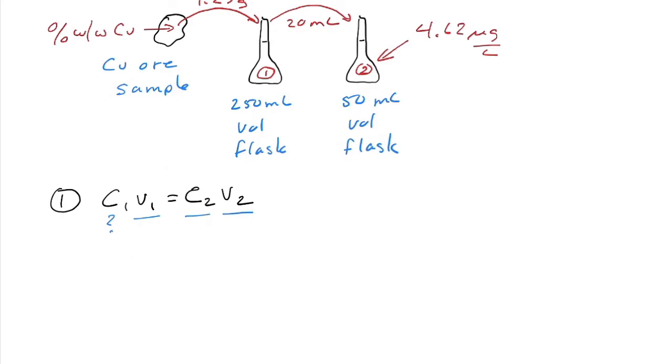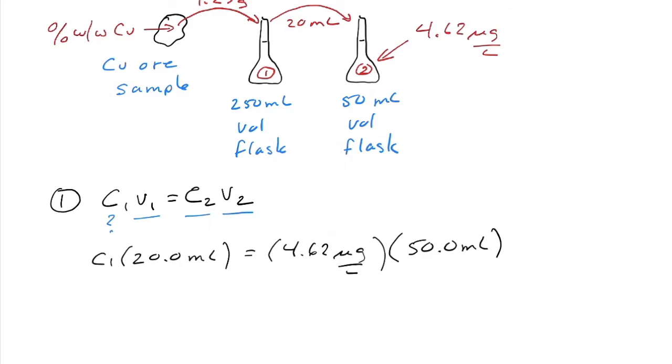So if we were to write this out, C1 times 20 milliliters is going to equal our C2, which is 4.62 micrograms per liter, and that's multiplied by the volume of 50 milliliters. And if we run through that, we get a concentration of 11.55 micrograms per liter of copper in flask 1. So that makes sense because we would expect flask 1 to have a higher concentration than flask 2, because flask 2 was diluted from flask 1.